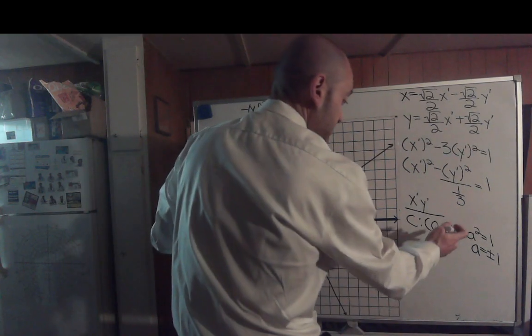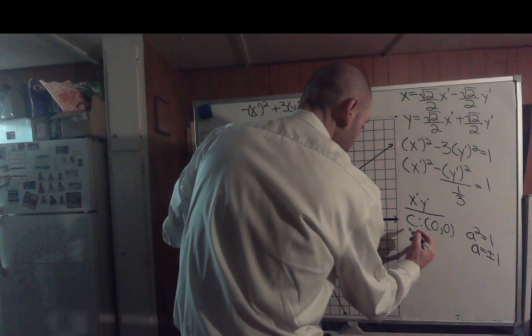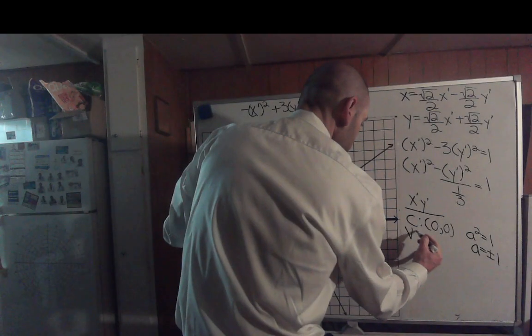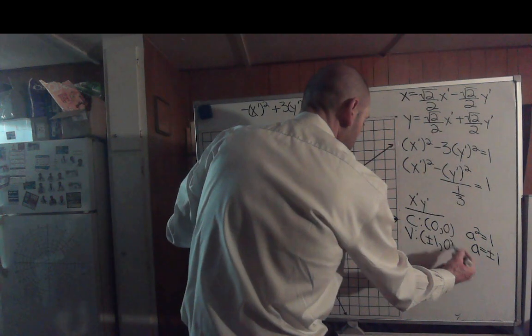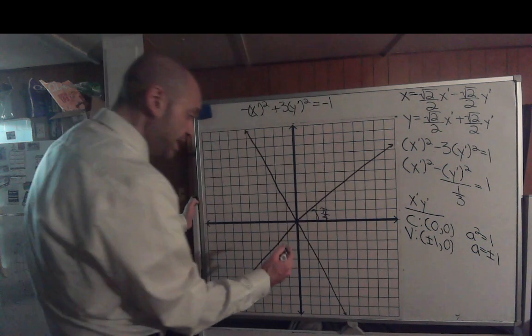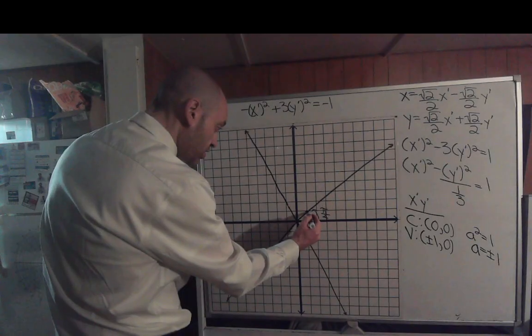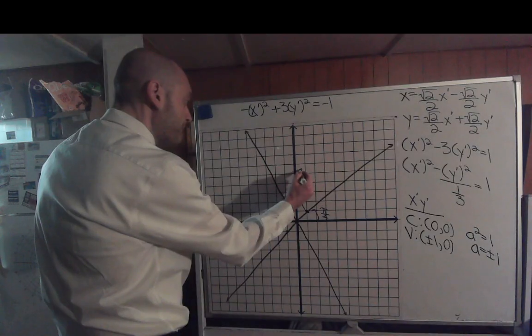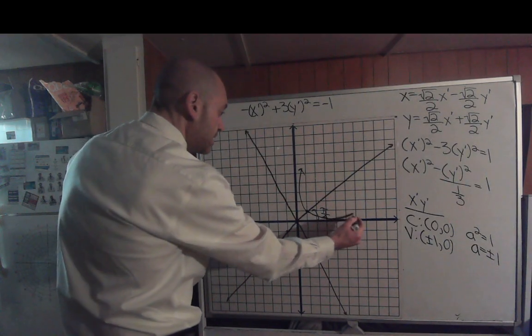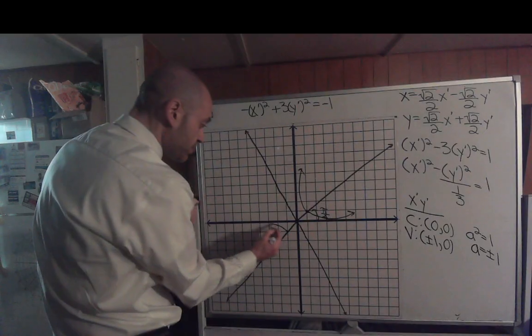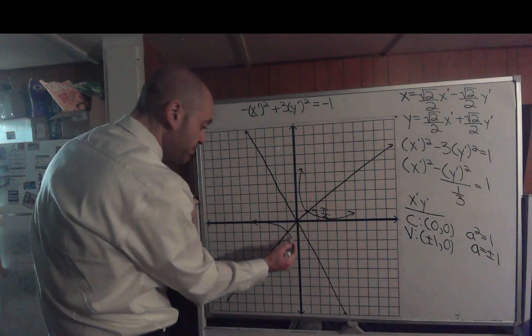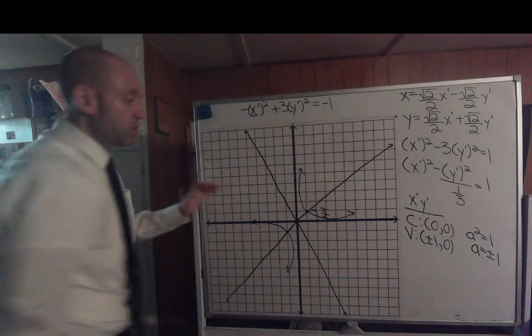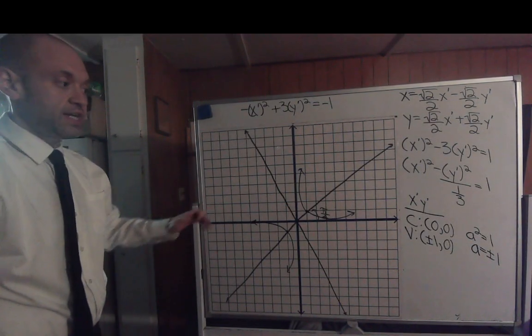So we're going to affect the x coordinates of the center. So the vertices would be at plus and minus 1, 0. So now we actually have enough to graph this hyperbola. And there is your distorted, twisted hyperbola with a 45-degree rotation.